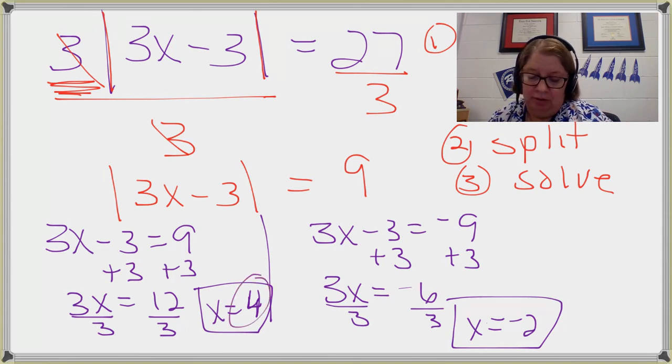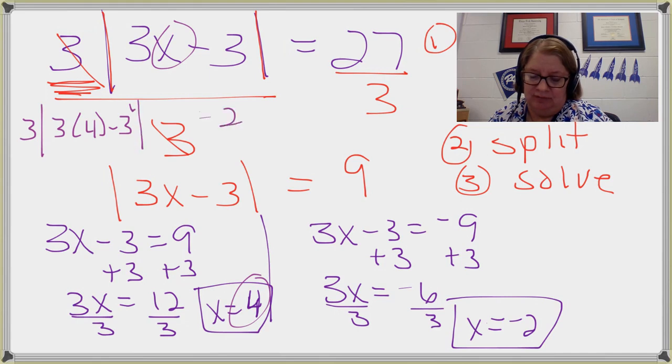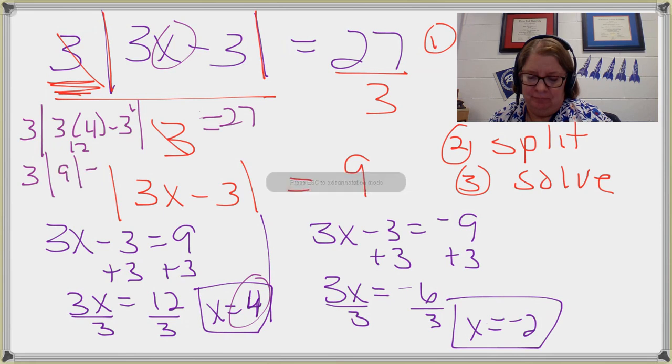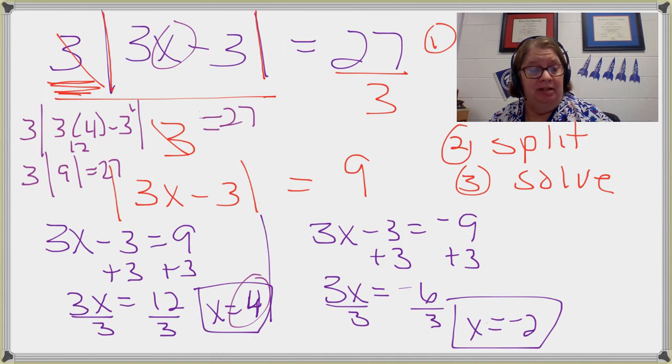So take this 4 and plug it in here. 3 times absolute value, 3 times 4 minus 3 equals 27. This is 12, right? 12 minus 3 is 9. What's the absolute value of 9? 9 times 3, 27.